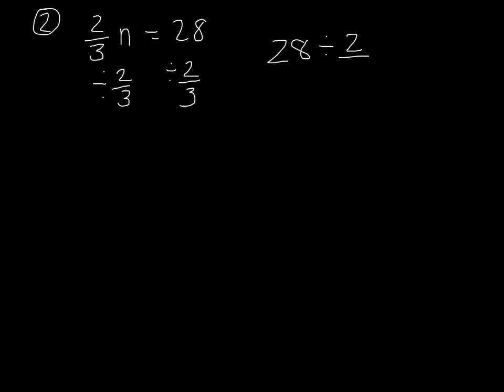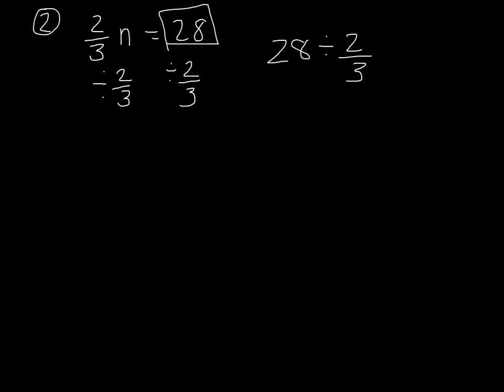Second one here says 2/3 n equals 28. So I'm going to divide both sides by 2/3. So I would get 28 divided by 2/3. Always we have to start with that number. Always, always, always.